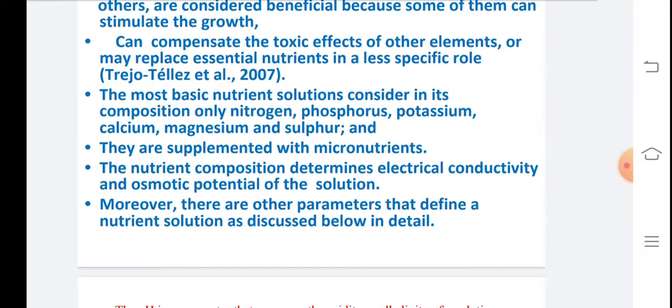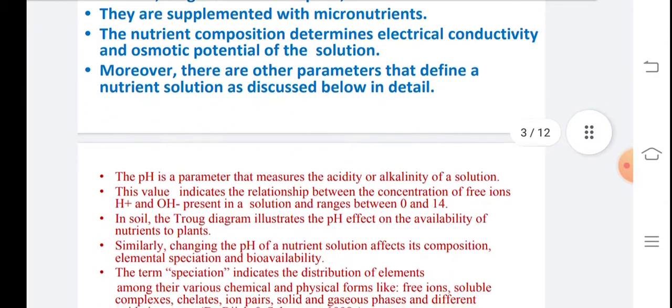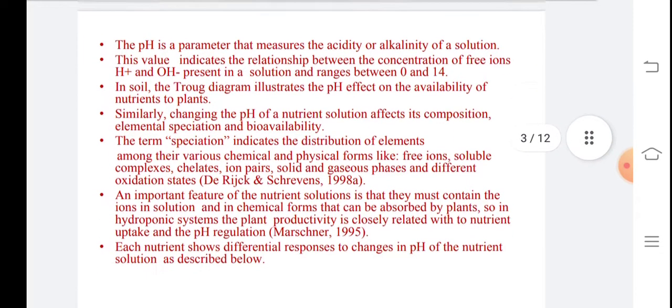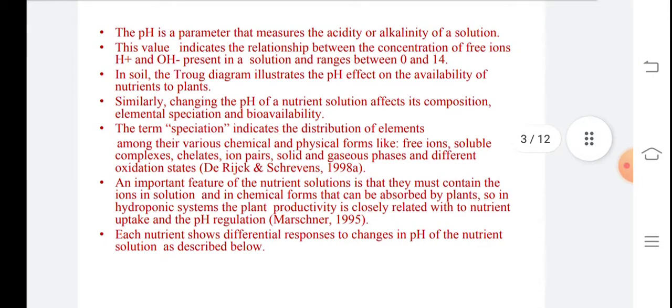These different parameters in the nutrient solution give the details, such as the pH. It is one parameter which indicates the acidic or alkaline condition of the solution. pH is nothing but the free ions of hydrogen and OH groups present in the solution, on a scale from 0 to 14, and therefore pH affects the availability of the nutrients to the plants.